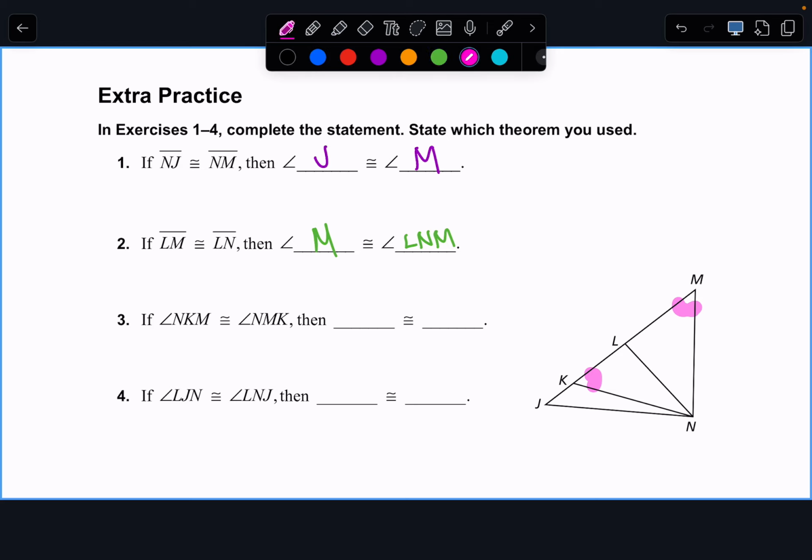So we need to decide which side this forces to be congruent. These two right here? Okay, so KN and what did you say? MN? Okay.